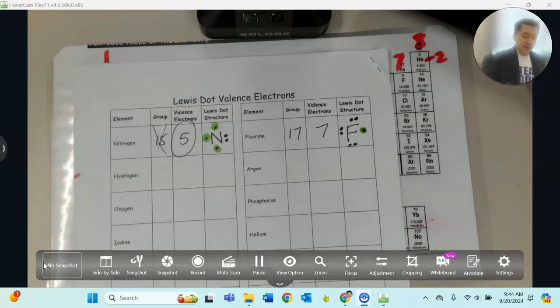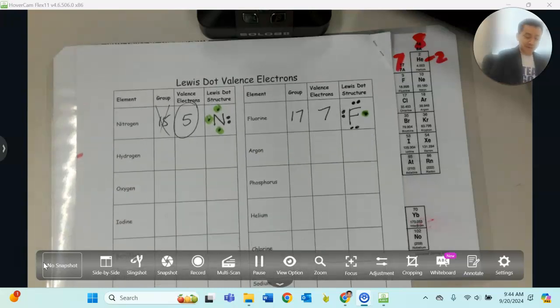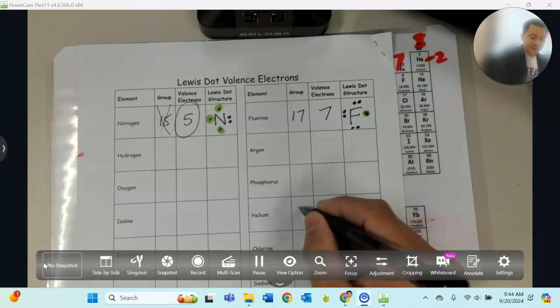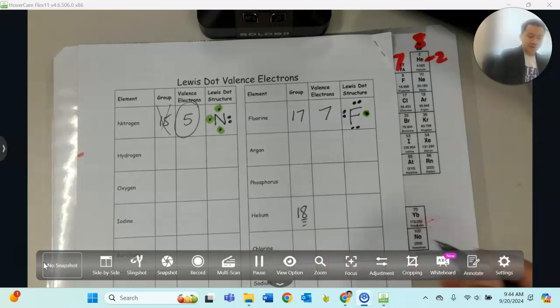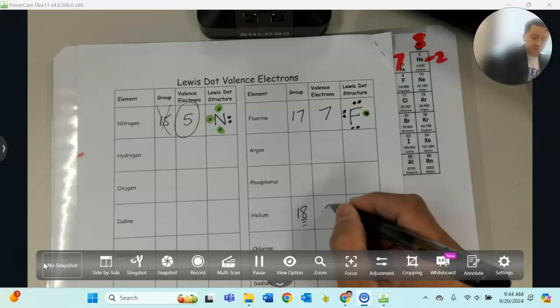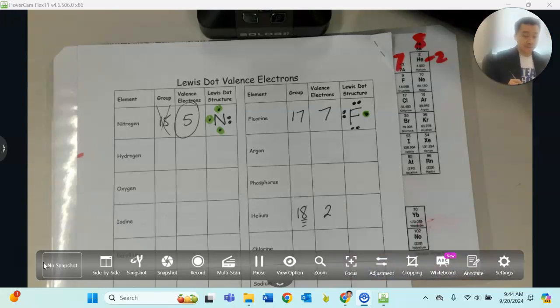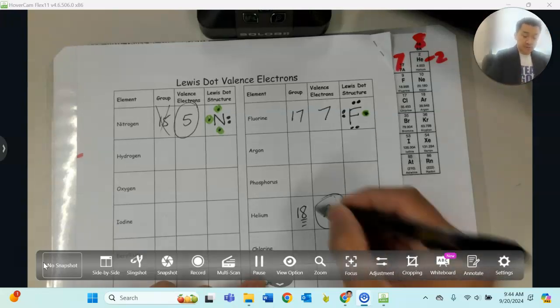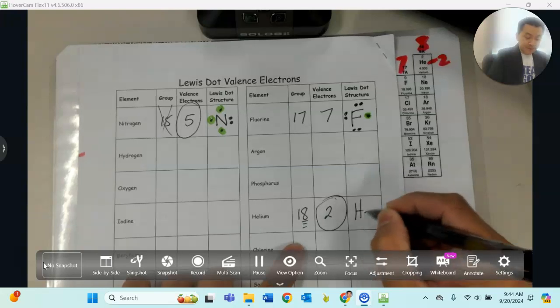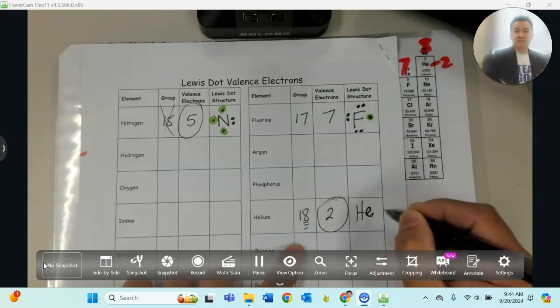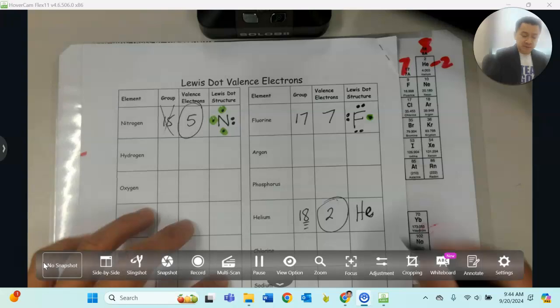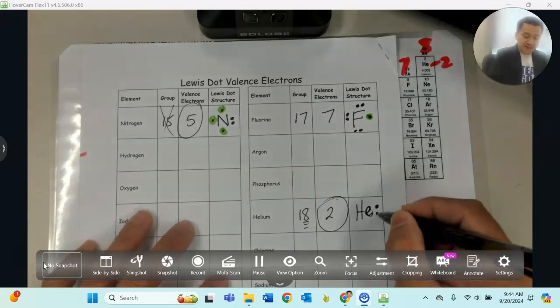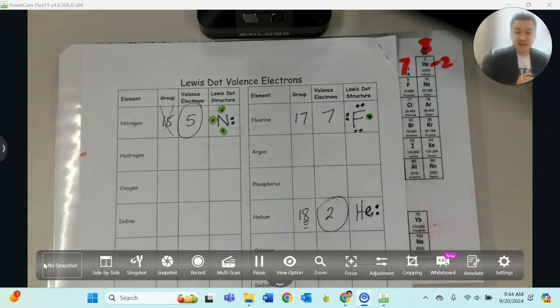Let's go down to helium. Helium is group 18, so you would think it has 8, but no. Helium is the exception with only 2 valence electrons. Because it's a full shell, a noble gas, you'll often see it drawn with the two dots paired like that.